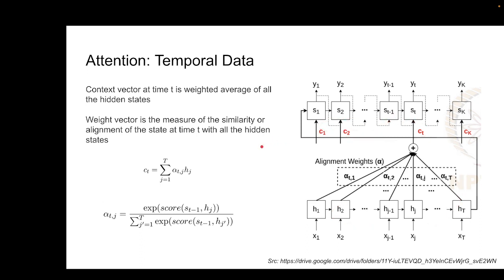At a given time step, say time step t, our source sentence is already given and we are generating the target sentence one word after another. In a normal RNN we would have just taken s_{t-1}, which is the hidden state of the decoder.